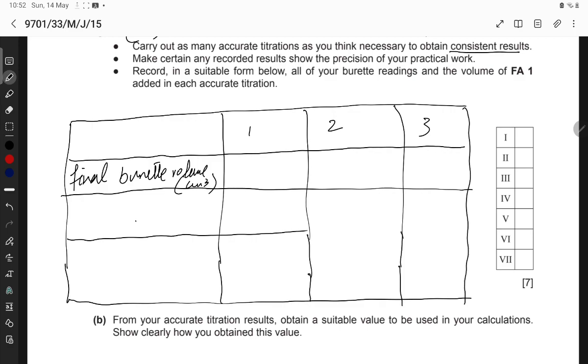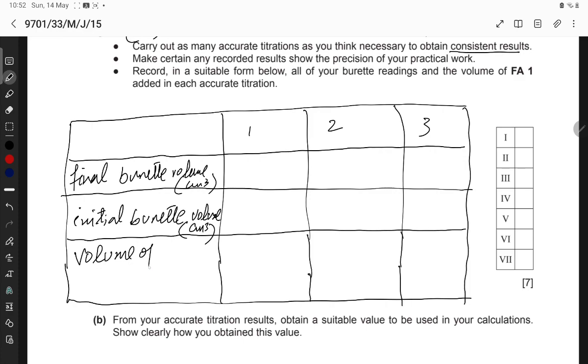Next, initial burette volume, centimeter cube. Volume of Fa1 used.